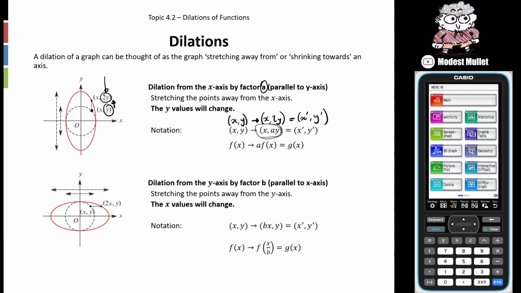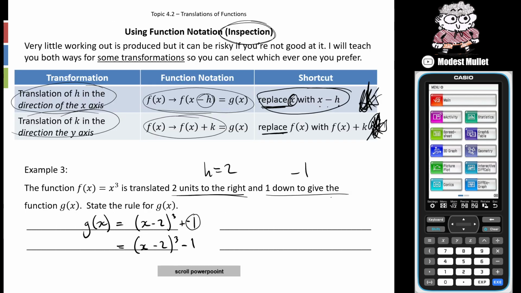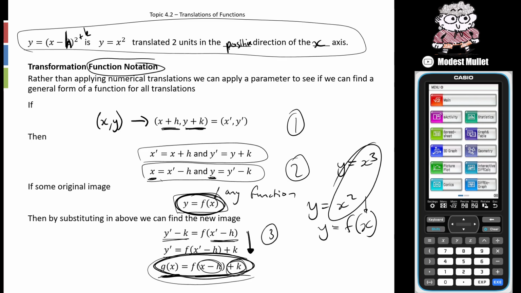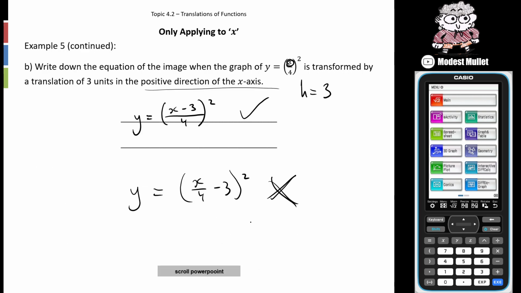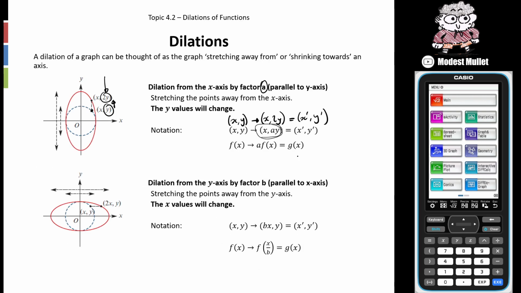Now, if you want to go through the whole process of doing this, the generalized parameter form of the transformations, doing the substitutions, rearrangement and all that, you can, but I'm not going to go into the proof. But what comes out of it is our function notation for the transformation. This is the matching thing.